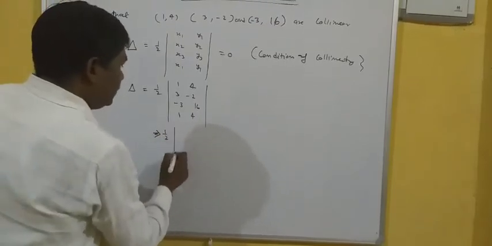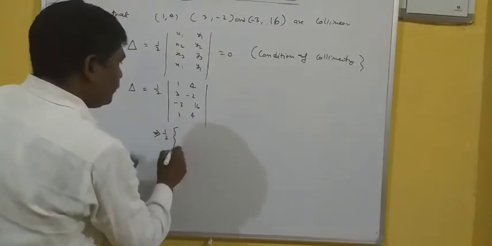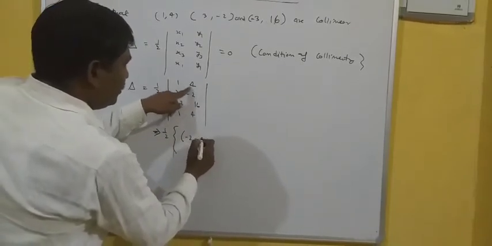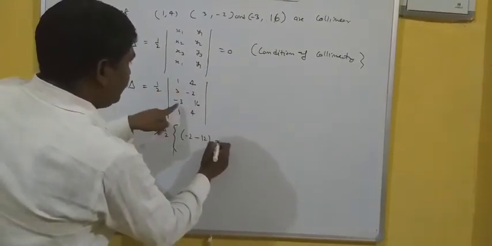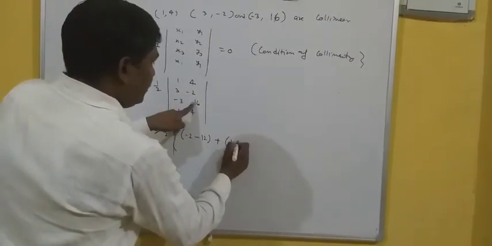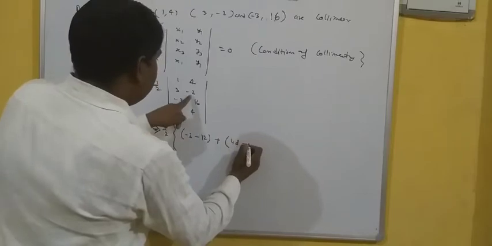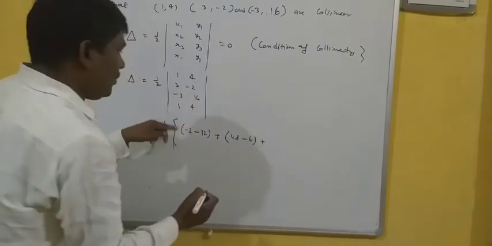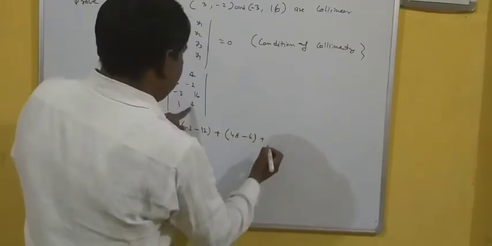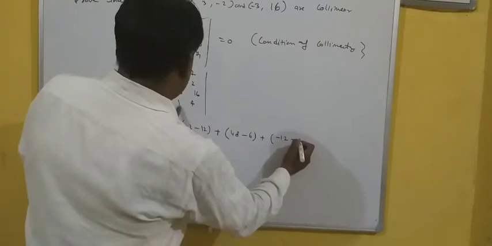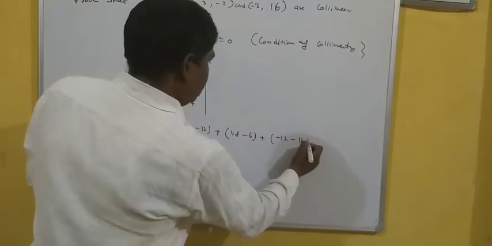Solve it. Just see whether you are getting 0 or not. 1/2 as it is. Thereafter 1, -2, -2, -4, 3 is 12, plus 3, 16, 48, minus 3, 2 is 6, plus, okay. Now minus 3 into 4, minus 12, minus 16.